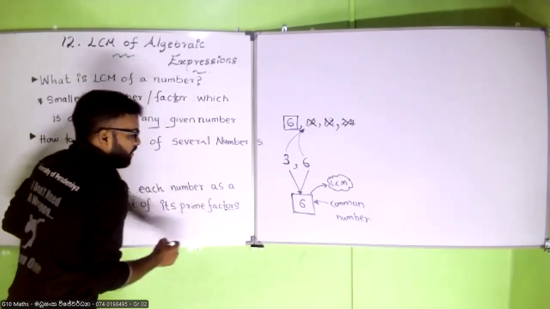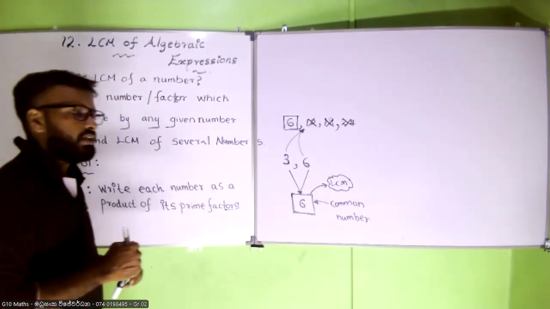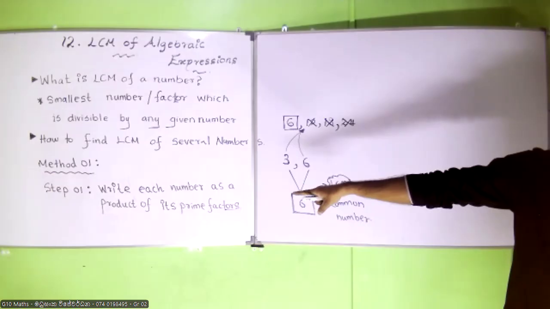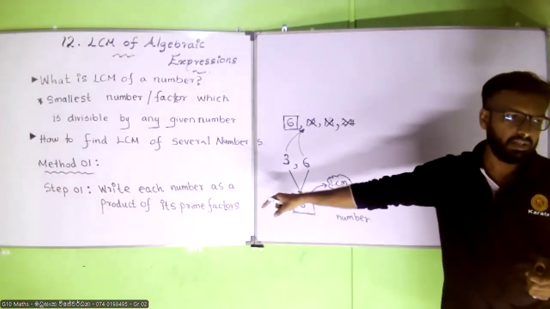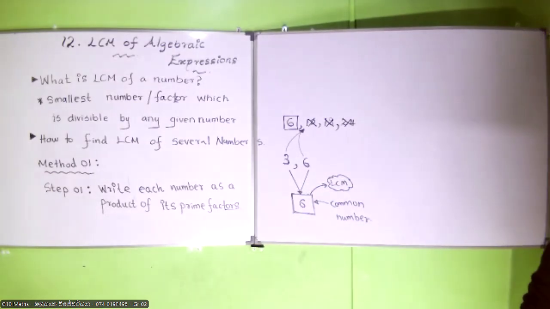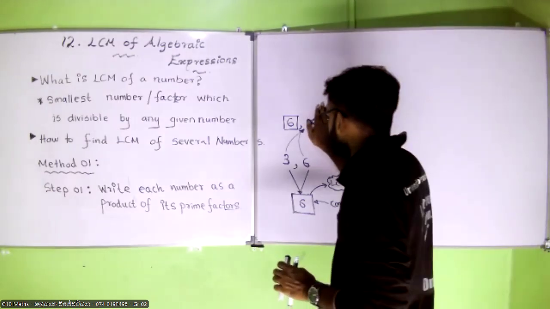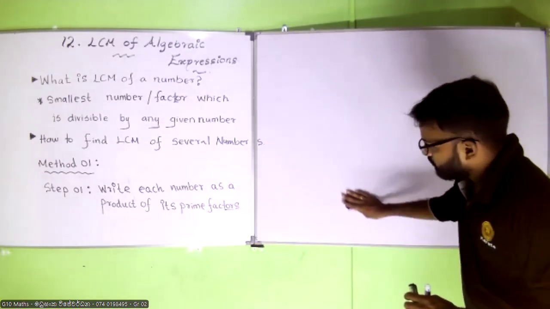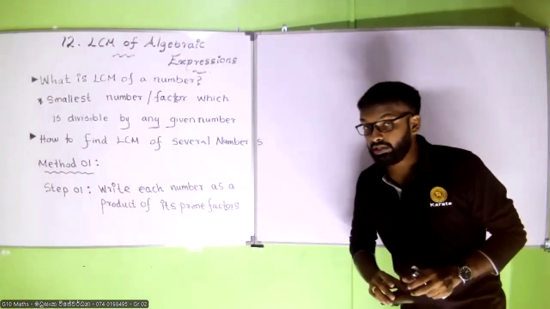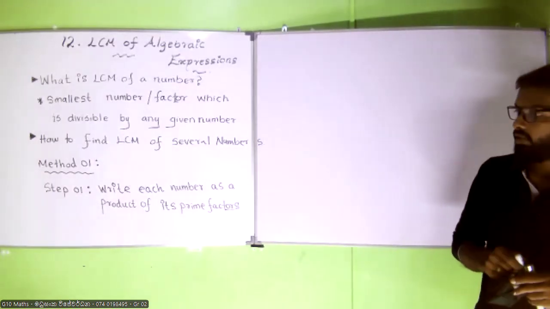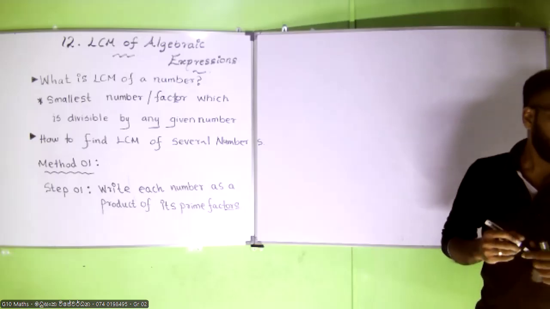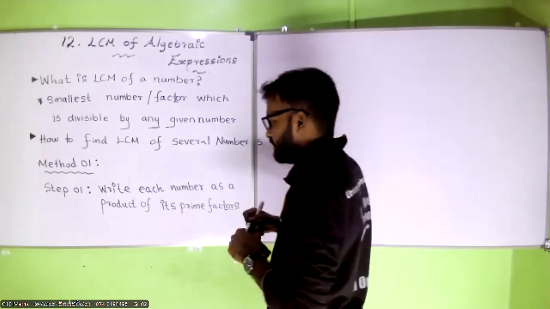To find the LCM and the HCF, we are using prime factors. Step number 2: now that step number 1 has been done, select the distinct factors with the highest power.